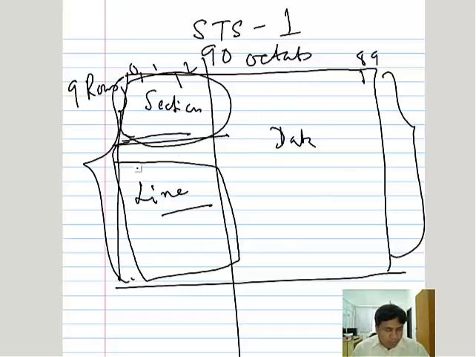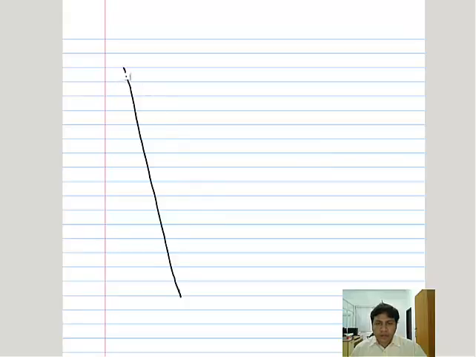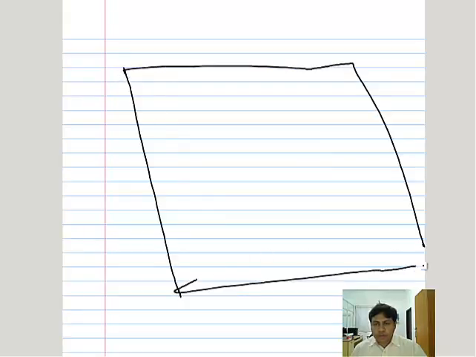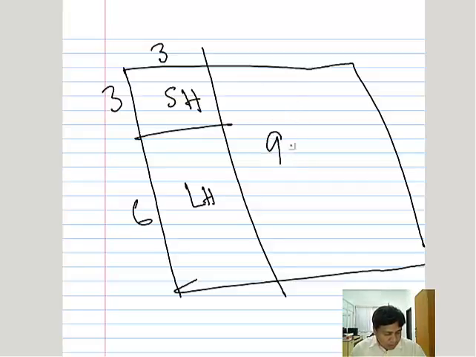Now if you look into SONET, 3 into 3 is what we call the section overhead. Next to the section header is the line header, so 6 into 3, 18. The remaining part, that is 9 into 87, is for data.